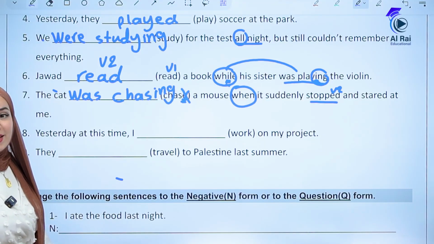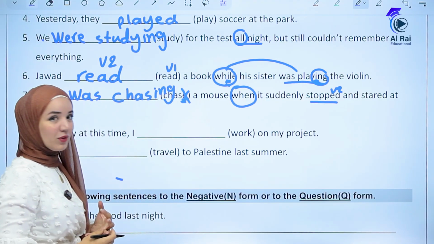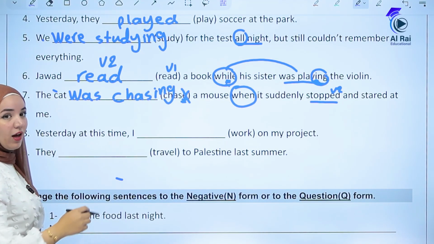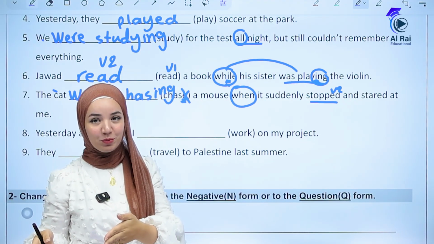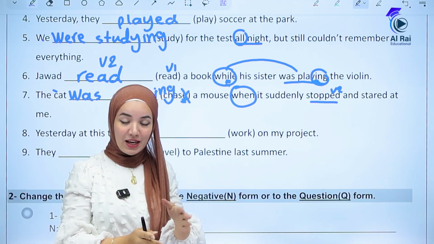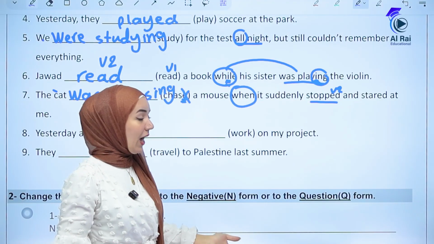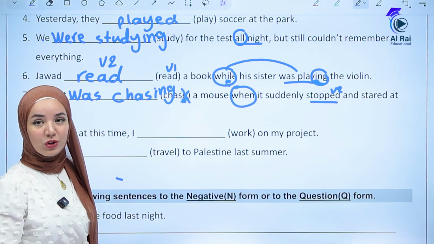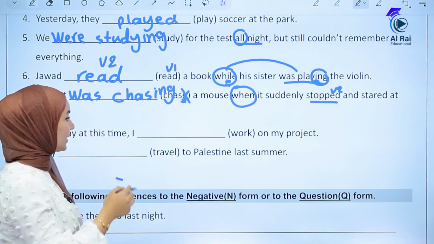Question number 8, maybe there is a trick in it. Okay, so let's see it. Yesterday at this time. So I have yesterday as a keyword for past simple, and at this time, it is a keyword for past continuous. So teacher, how can I answer it? By using past simple or past continuous? No. Here you have to use past continuous.